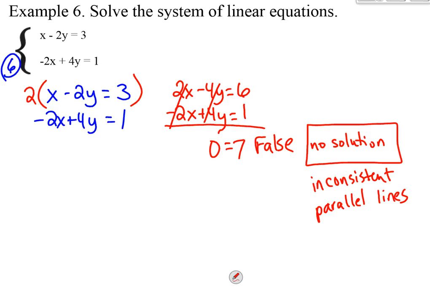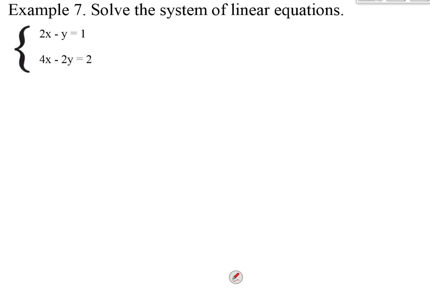Then our next one is, solve this system of linear equations for number 7. Again, I'll write it: 2x minus y equals 1, 4x minus 2y equals 2. For this one, I'm going to multiply the top equation by -2, and I'll leave the bottom one.